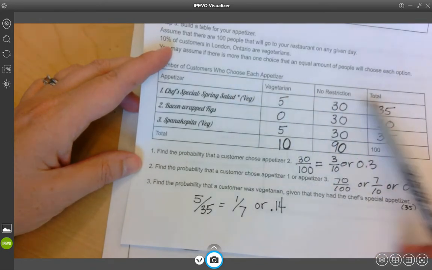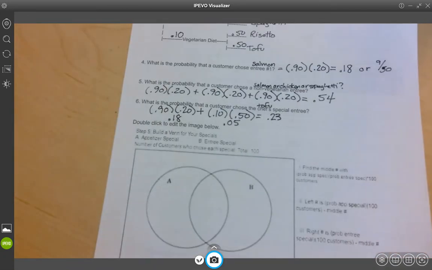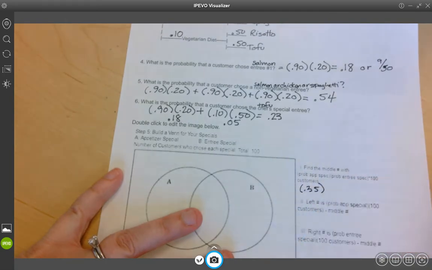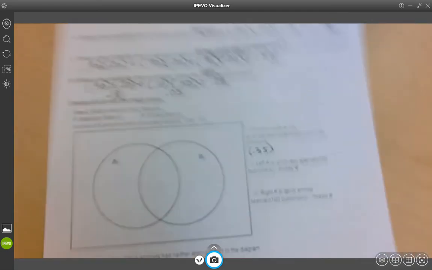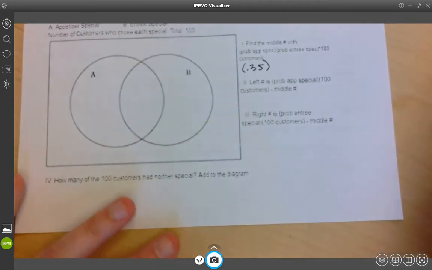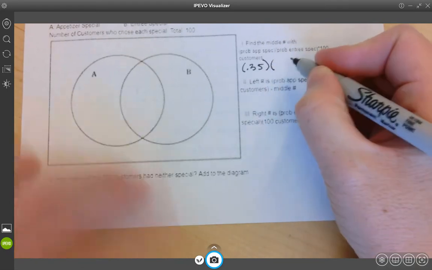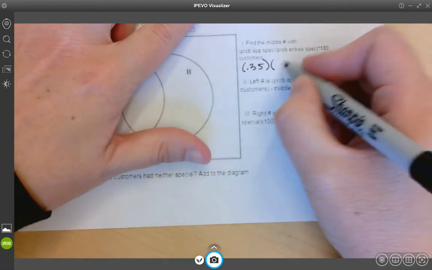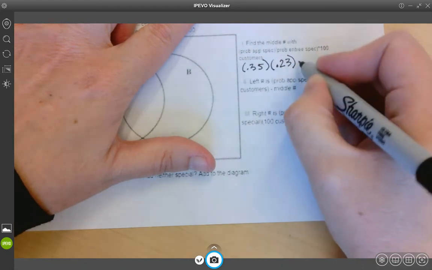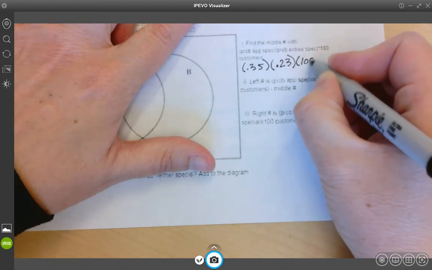So the probability that they got the special appetizer is 0.35. All right, the probability they got the entree special, that one we just found, 0.23. And then times 100, and that's going to tell us how many people go in the middle.